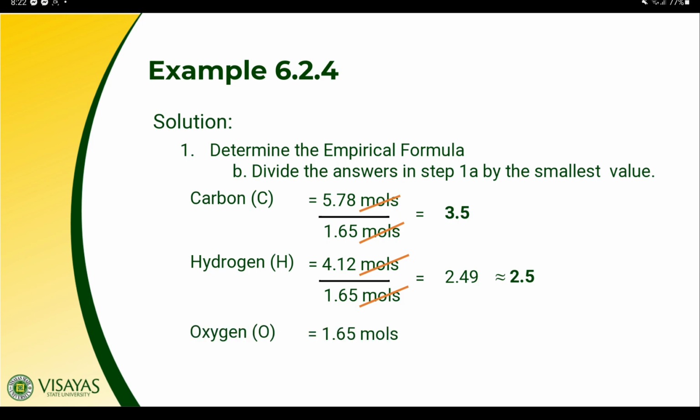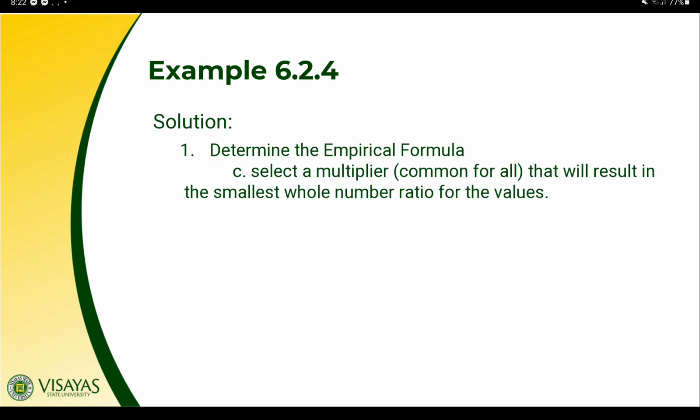For oxygen, we have 1.65 divided by 1.65, so we get 1. Now, we cannot round off these values, because this is 0.5, no? So we have to multiply this by a number so as to get whole numbers.